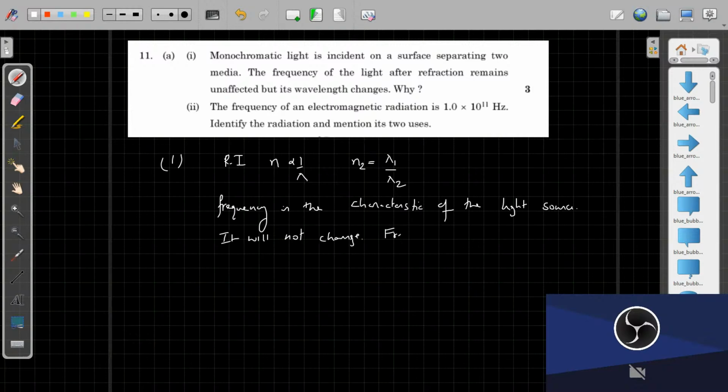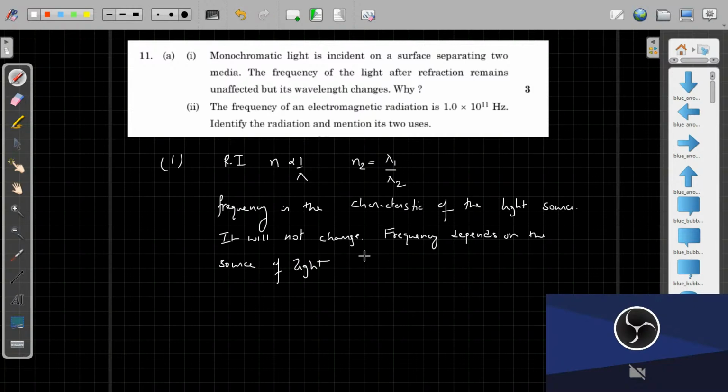Frequency depends on the source of light and not on any other factor.